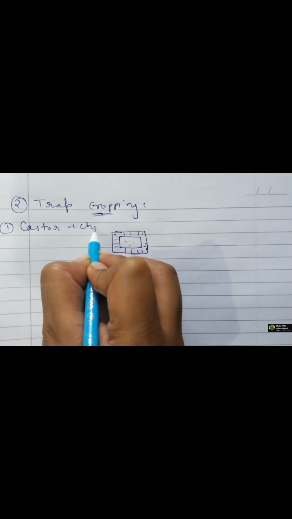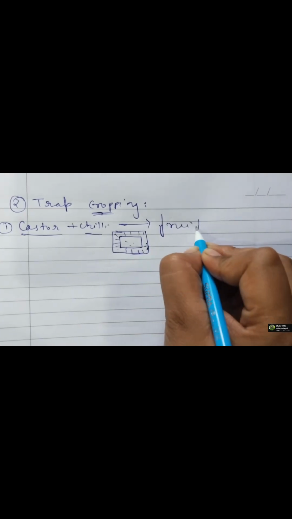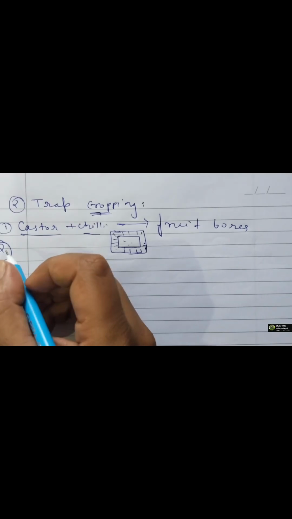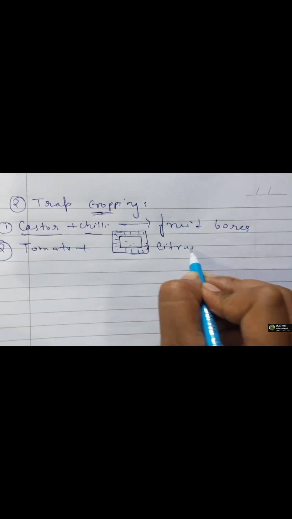First example is castor plus chili. Castor around the chili will work as a trap crop for the fruit borers. Then the second most important example is tomato plus citrus orchard.